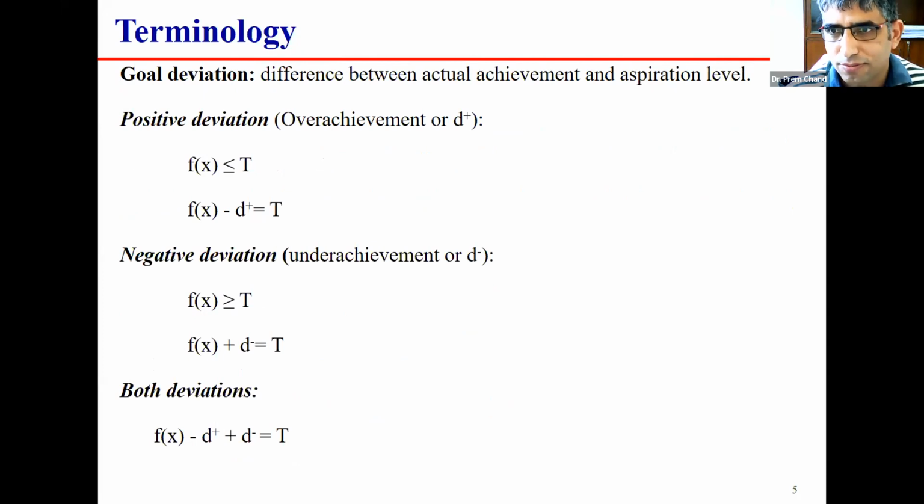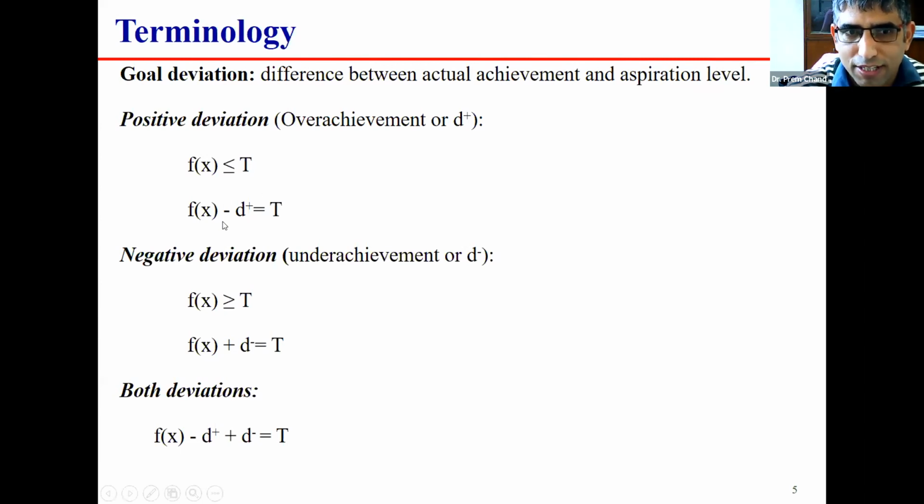If we overachieve, we are deviating. If we are overachieving, we call it positive deviation. And if a goal function is to be converted into an equation, we have to subtract the overachievement from the left hand side so that our equation is balanced.